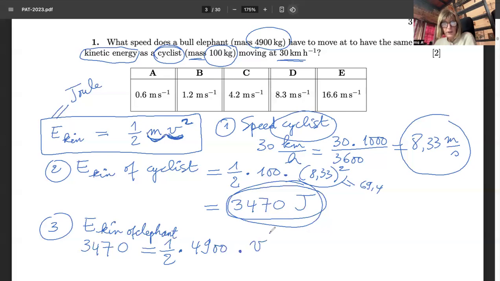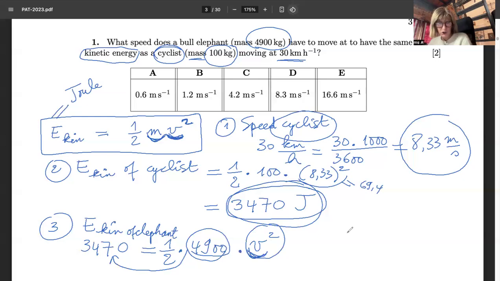Of course, the velocity, I don't have it. This is what I want to calculate. So with this, I'm going to find the speed. Well, I'm saying velocity, this is the Latin word, but of course in English you say speed. I'm going to find the speed of the elephant. That's what I want to find. Now I'm going to do this divided by 2, and then it's going to go there.